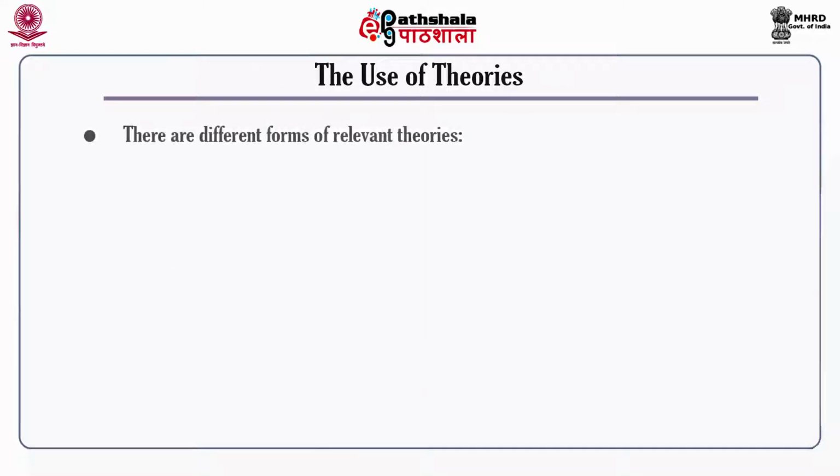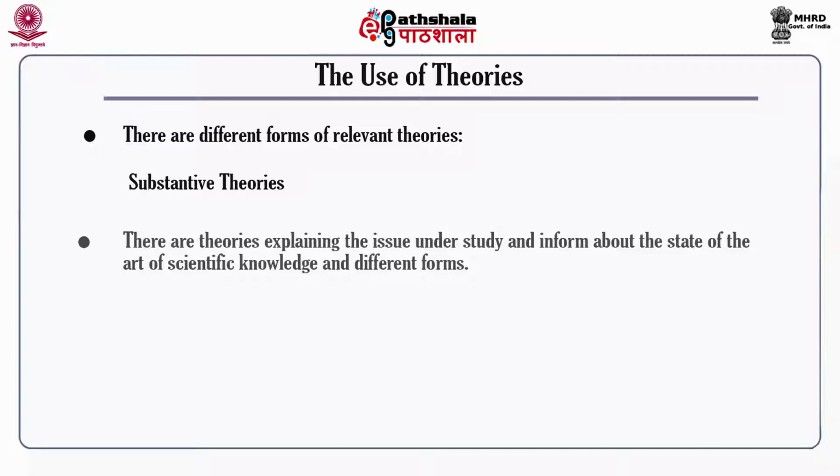Use of theories. There are different forms of relevant theories. Substantive theories explain the issue under study and inform about the state of the art of scientific knowledge in different forms.